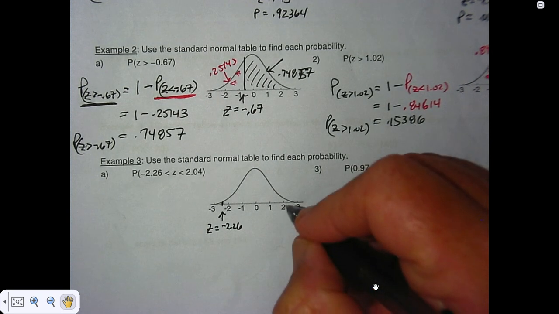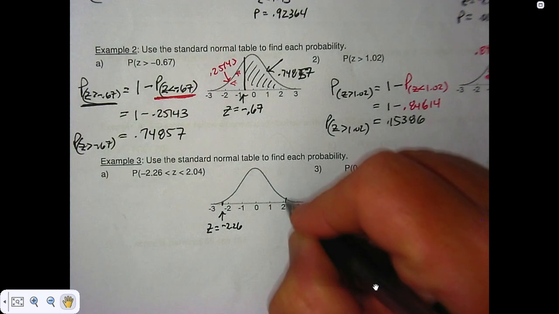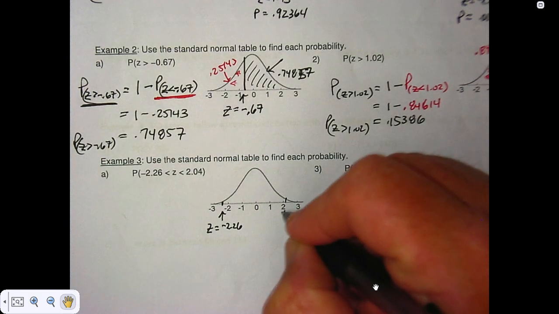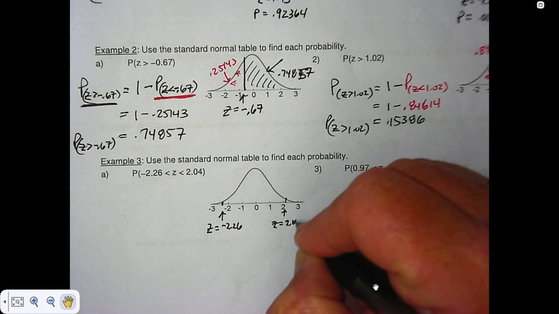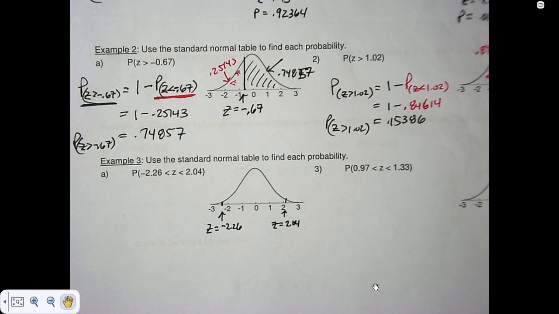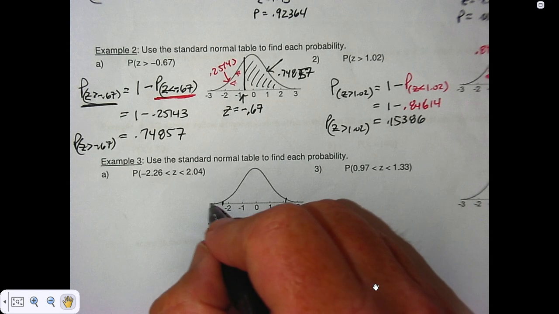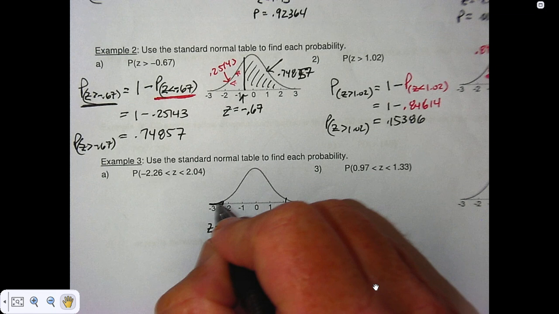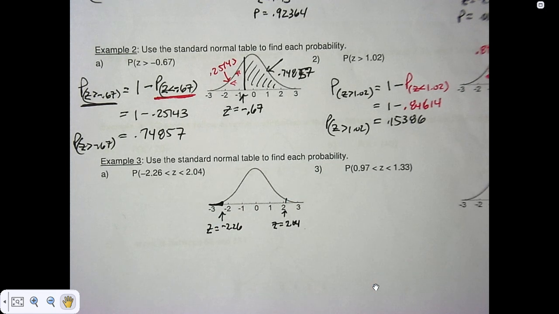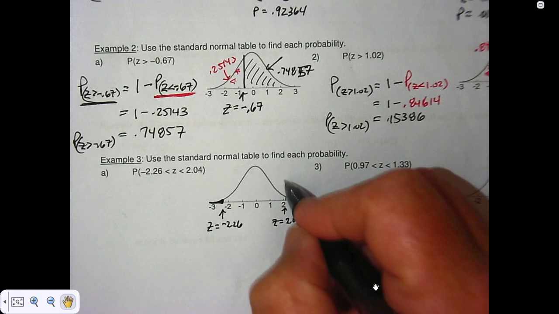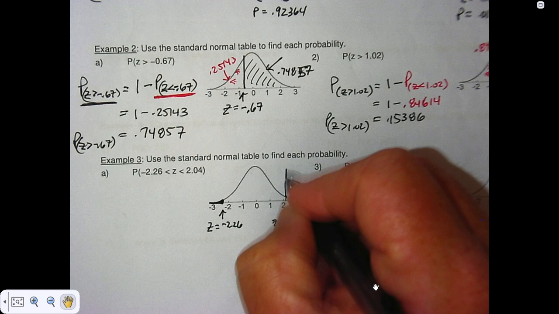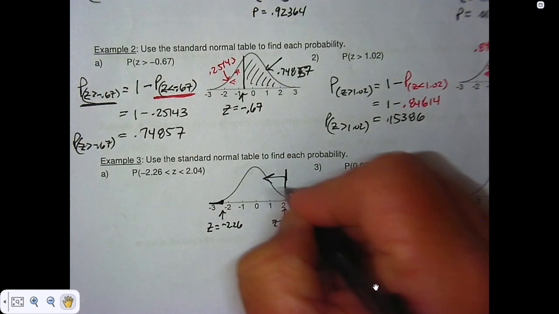And then this is 2.04 up here. So we have this area here, that's solid black, and we have this area right here, which will be everything to the left of this.